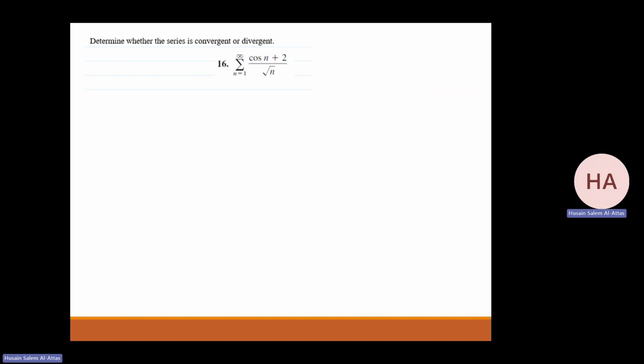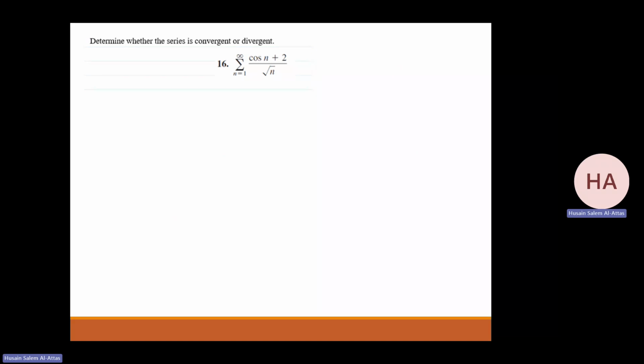Cosine n plus 2 over root n. Okay. What shall we do? I know cosine n plus 2 over root n. You need to be careful now.